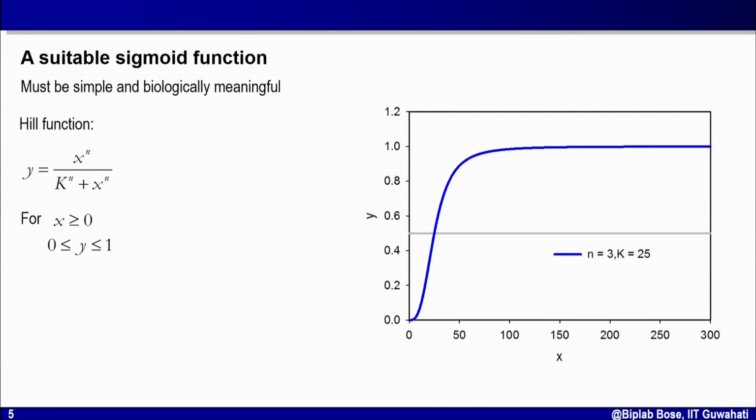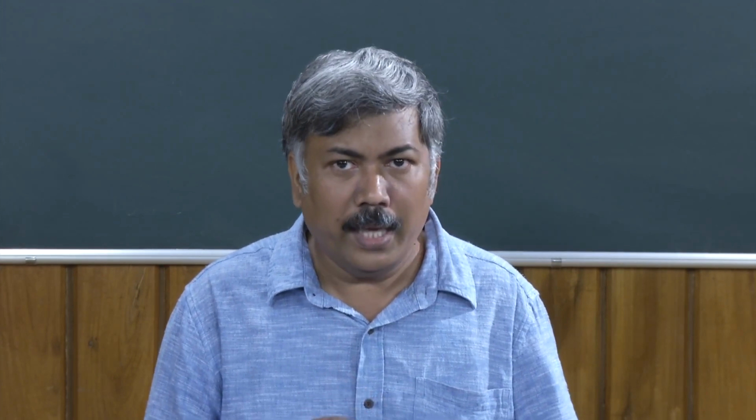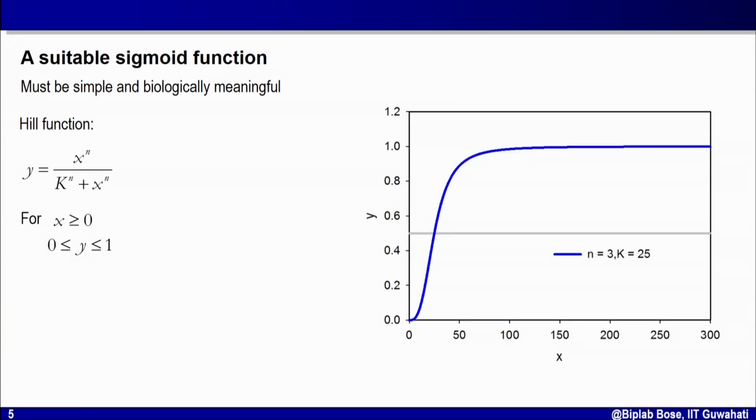In modeling biological systems, we very frequently use the Hill function to represent a sigmoid function because it is very simple and has a small number of parameters, and those parameters can actually be determined from experiments. So, let us look into what the Hill function is. The Hill function is y, maybe the output, equal to x to the power n divided by k to the power n plus x to the power n.